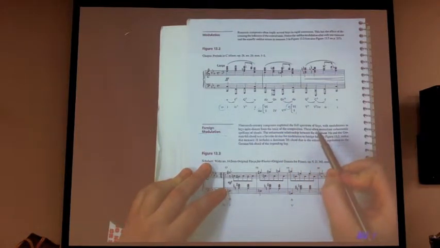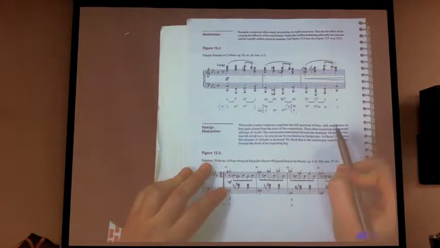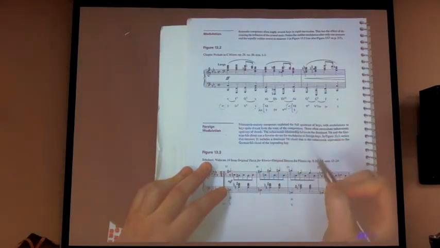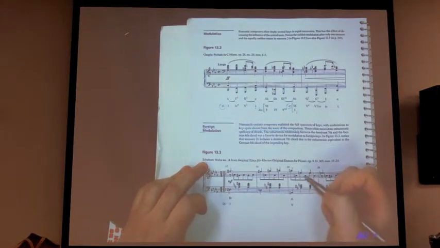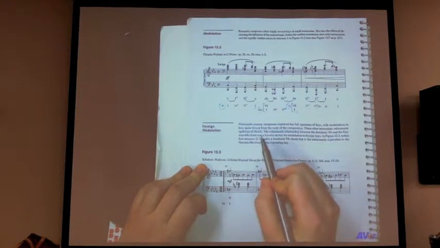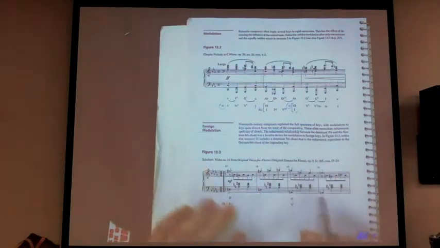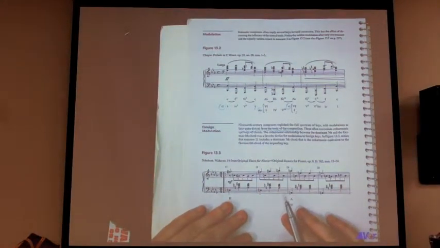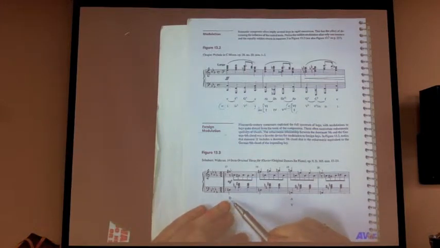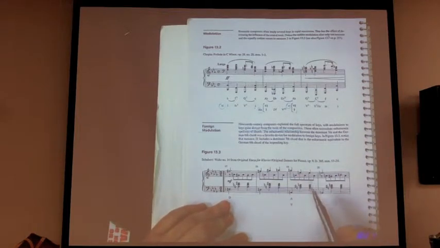So you're seeing a lot of keys that have 6, 7 flats and sharps in them, but they also modulate to keys quite distant from the tonic of the composition. They'll go to faraway places. These often necessitate enharmonic spellings of chords. So lots of times, and this is an example, you'll travel to the key of C flat minor, but in reality it's B minor. It will be spelled B minor so that they can get away with it.